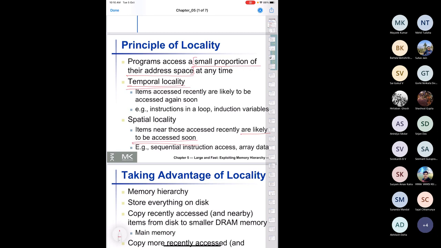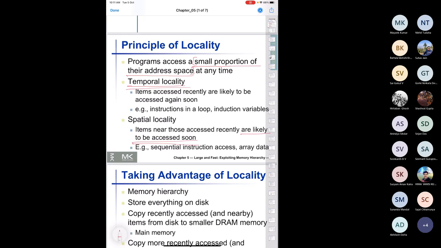Either exactly the next instruction at I plus 1 address, or I plus 4 address in MIPS, because that is sequential execution. Or there might be jumps, but the length of these jumps or branches is also not that long in real programs.